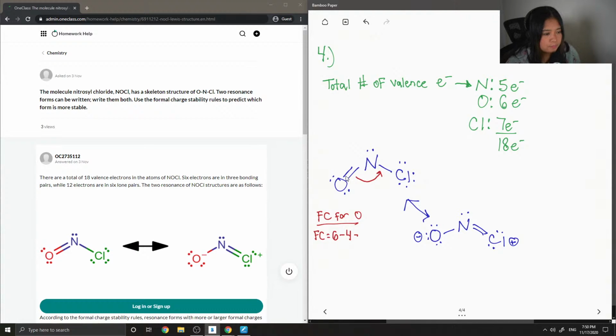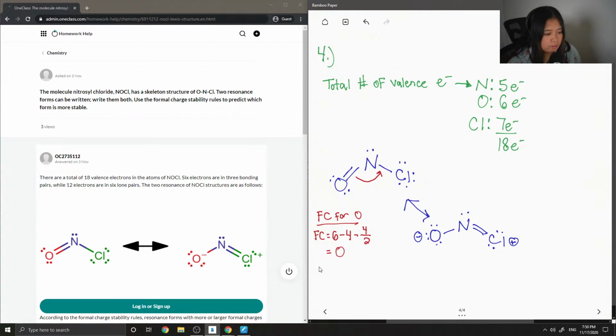Minus however many electrons are involved in the bonds, divided by 2. So there are 2 bonds, and each bond has 2 electrons, so there are 4 electrons in total. Divided by 2 gives us 2. So 6 minus 4 minus 2 is 0.